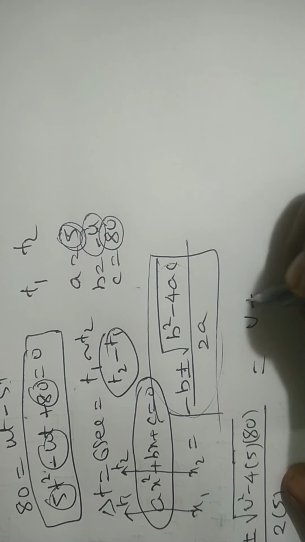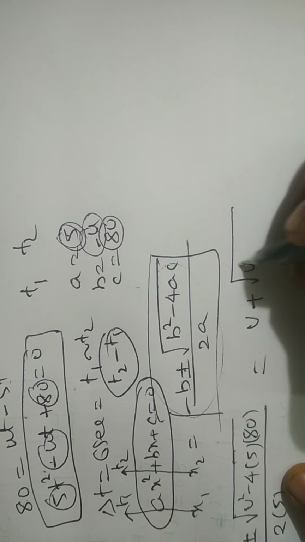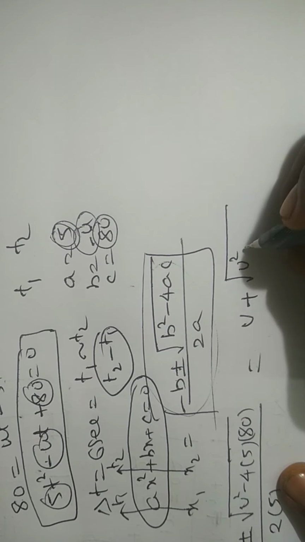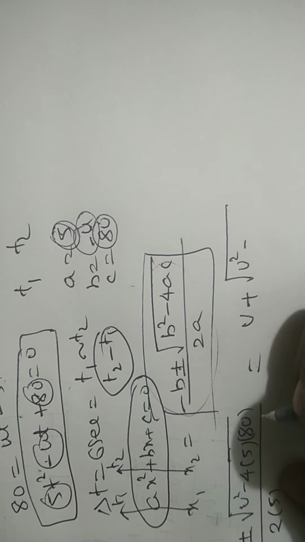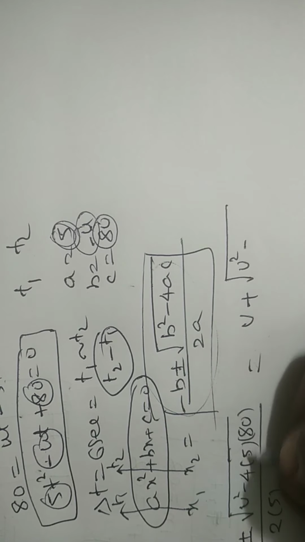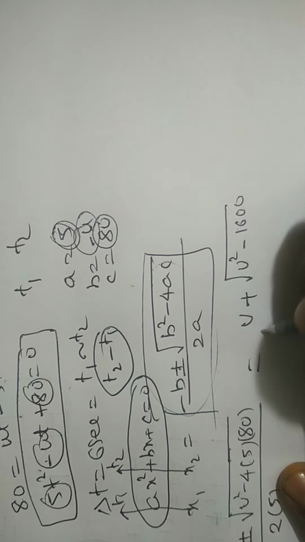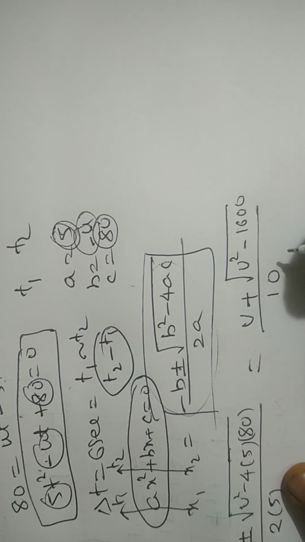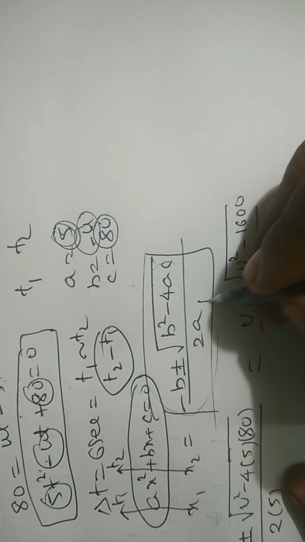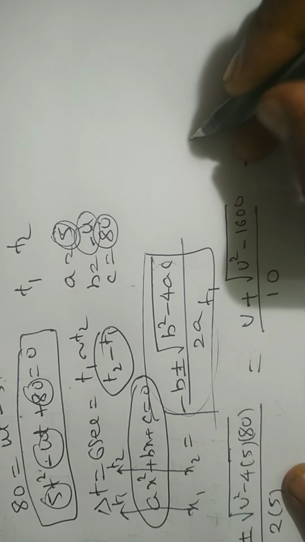If you solve this, what are you going to get? I am writing both of them individually. u plus root over u square minus, what do you get here? 1600, is it or not? It was 1600 by 10, right? This will be T1 minus T2.